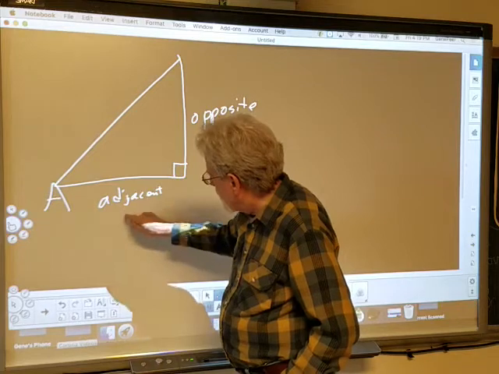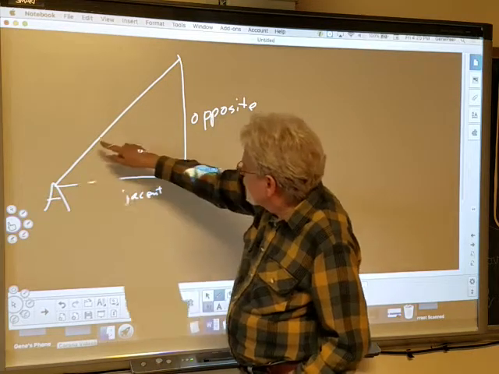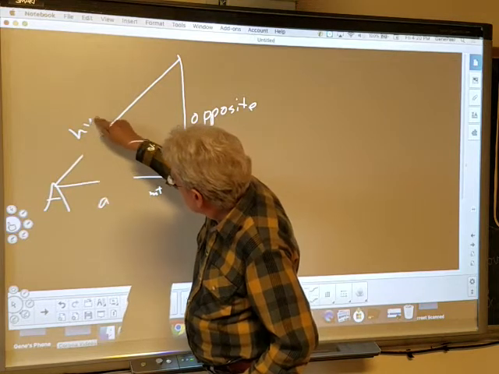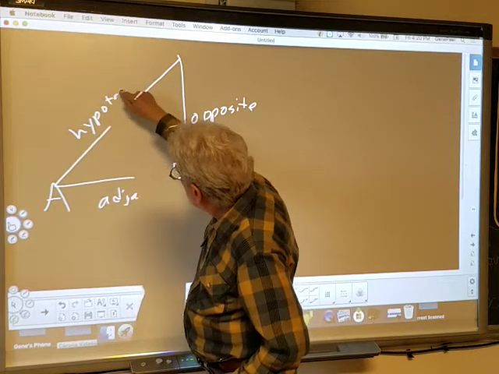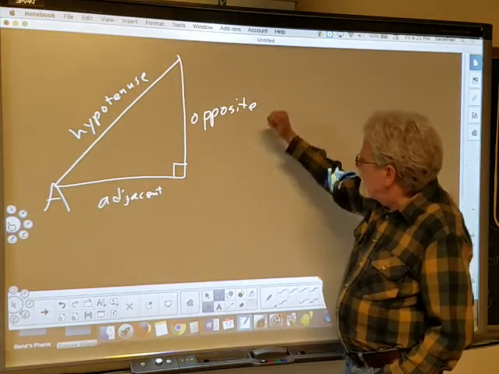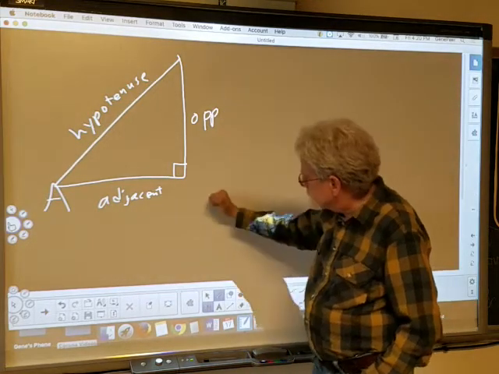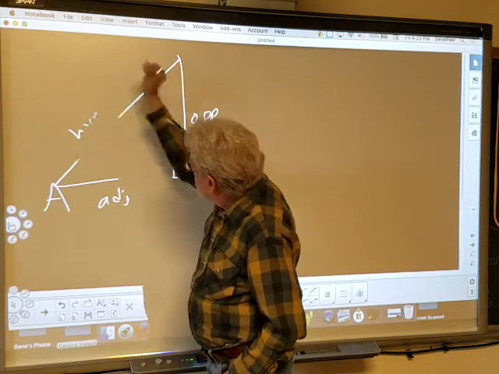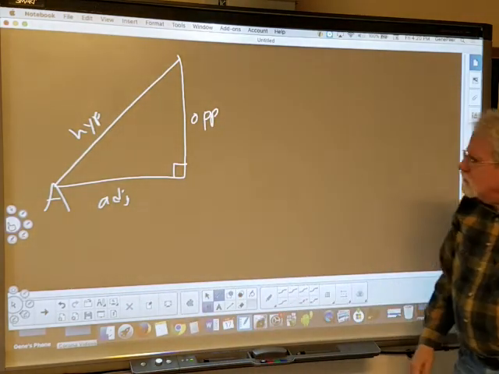Adjacent meaning right next to. And this, of course, opposite the right angle, is always the hypotenuse. Let's, for simplicity, abbreviate these as OPP, ADJ, and HYP for opposite, adjacent, and hypotenuse.